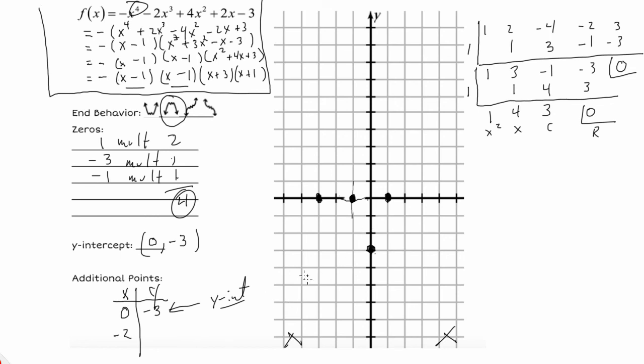I think that will be sufficient. Now, let's just double check what kind of number that should give us. So looking at negative 3, because this is a multiplicity of 1, we're going to pass through. So this looks like a pass through, and it's going to come up here and be positive and back down to the negative 1, which passes through. I keep messing that point up.